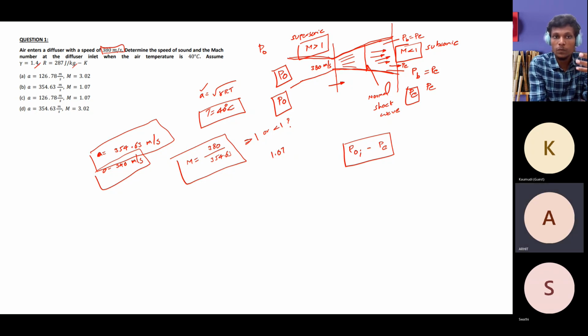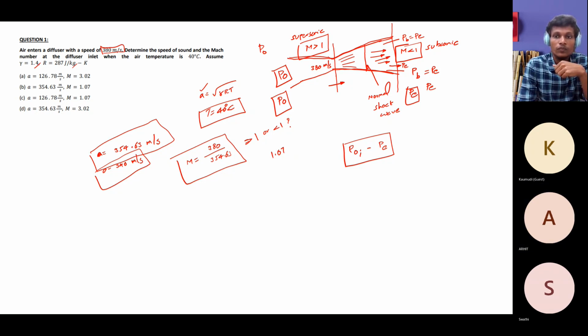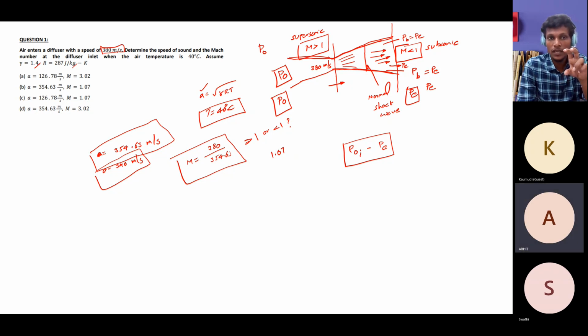Is it possible to expand more than that, to a lesser pressure? No, sir. Not possible. But what happens is it converts that energy into kinetic energy and moves through the fluid and creates a low pressure again outside.